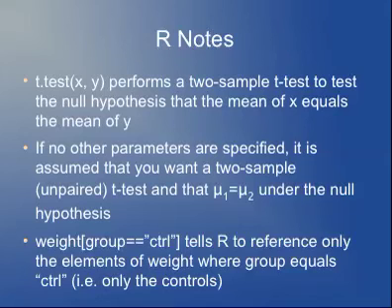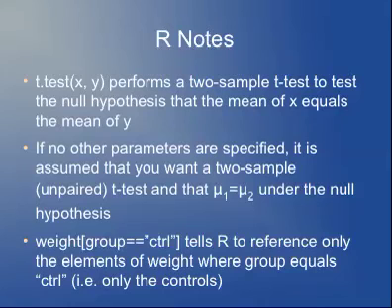And also, if you don't specify a mean difference, it assumes that you want to test the null hypothesis that the difference is equal to 0, i.e. that the means of the two populations are equal to one another. So the vast majority of the time in practice, that is what you want.